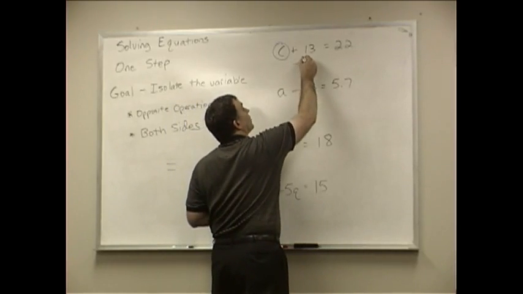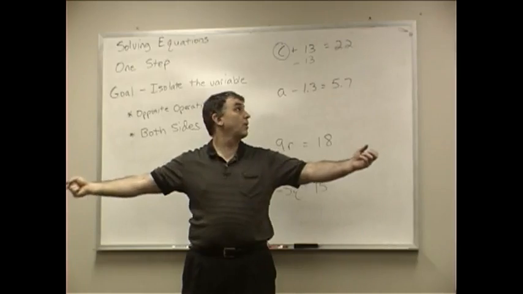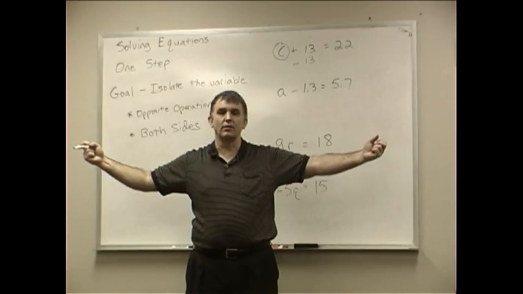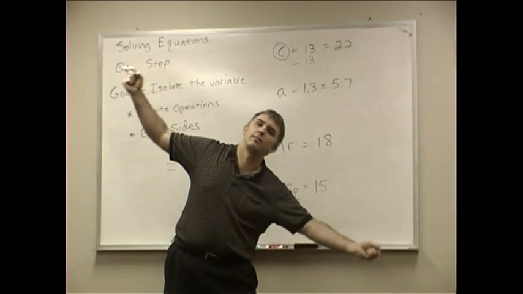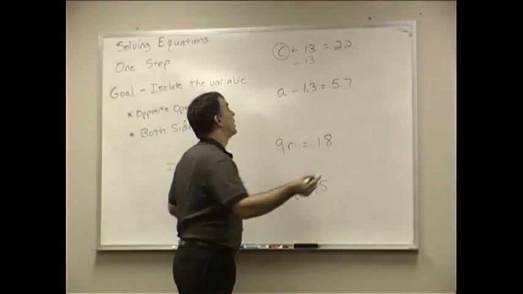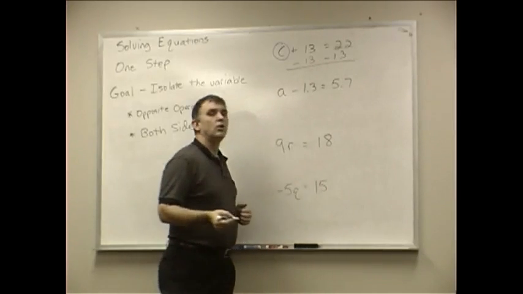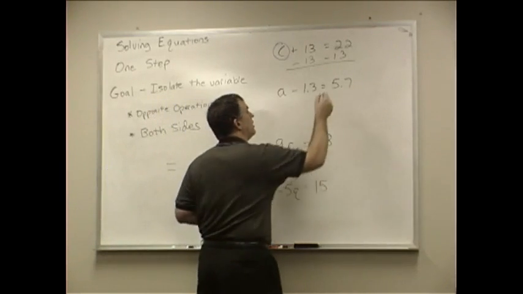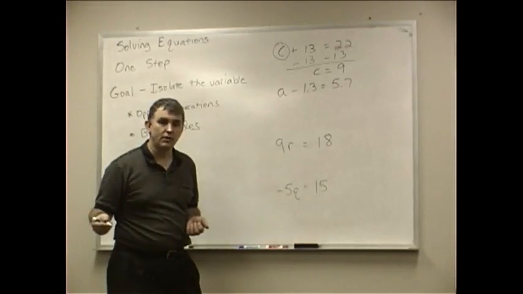The opposite of adding 13 is subtracting 13. If you take 13 away from the right-hand side, it gets lighter. You've got to take 13 away from the left-hand side, treat them like they're the same. So minus 13. 22 minus 13 is 9. So the correct answer here is c equals 9.